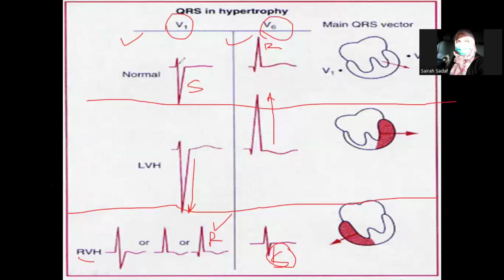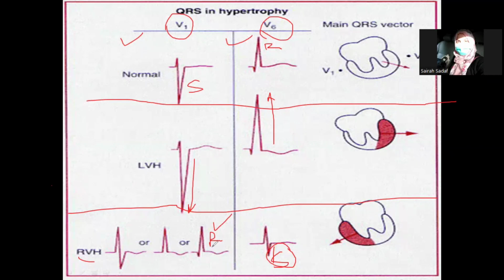Normally there is an S wave in V1. So in LVH, in V1, of course, the S wave will be there, but it will be more deepened. And normally there is an R wave in V6. So in case of LVH, it will be further enhanced. But in case of right ventricular diseases, the things will be opposite.